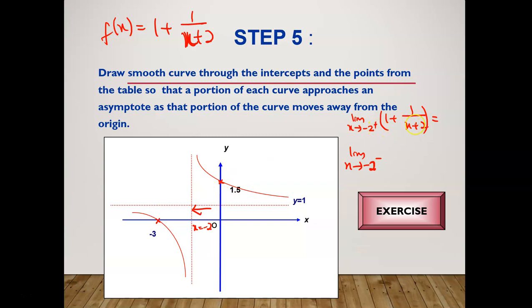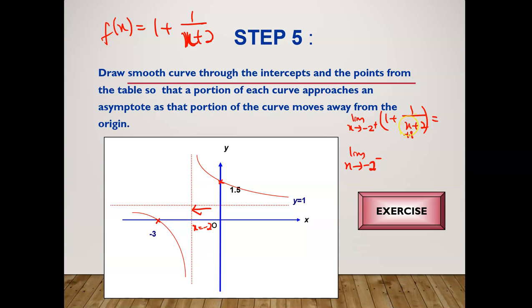Okay, -2 positive, if you substitute some value from the right hand side of -2, let's say negative 1.9. Okay, you are not substituting -2, you are substituting a value approaching -2 from the right hand side.